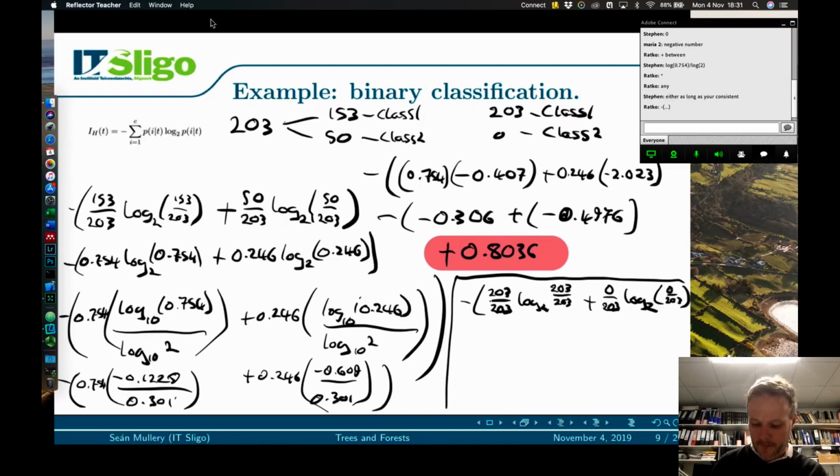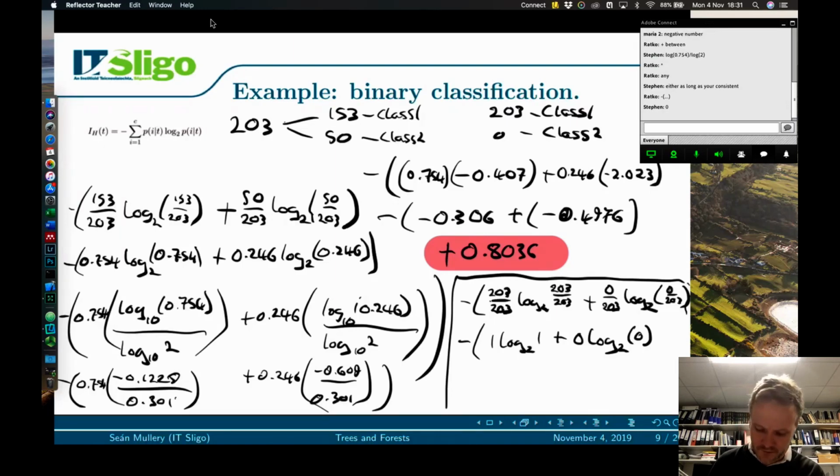Okay. What this turns out to be is 1 times log to the base 2 of 1 plus 0 times log to the base 2 of 0. Does anyone know what log to the base 2 of 1 is? You don't even need to go the long way around it. Yeah, it's just 0.